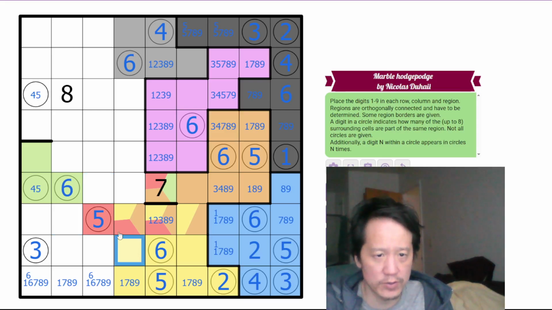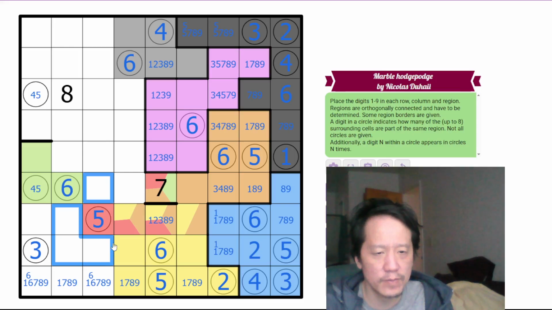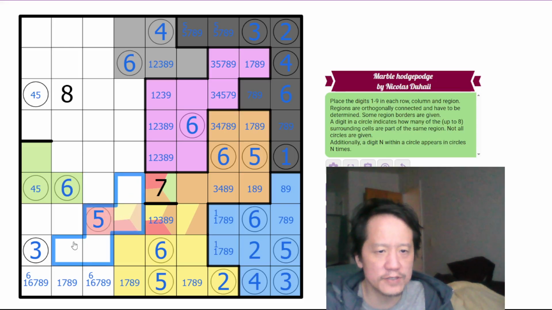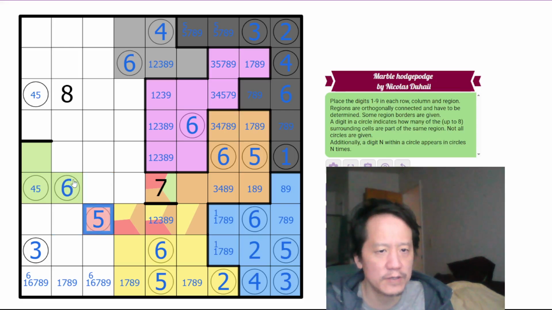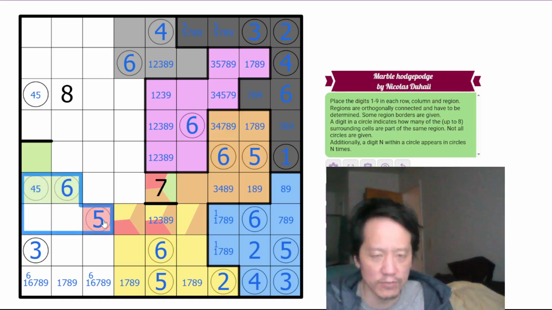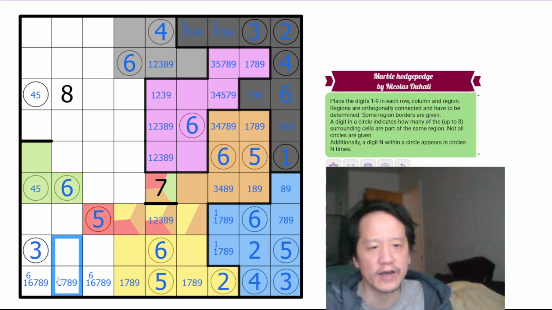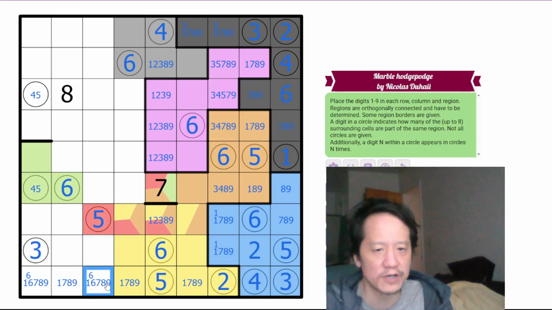This is not part of the 5, right? So I think these have to be part of the region because at least one of these must be green, right? This is not green because of how we showed this doesn't form a region by itself down here, and this would block off that region from getting to 9. And the green region could not contain all of that, this sub-region here.